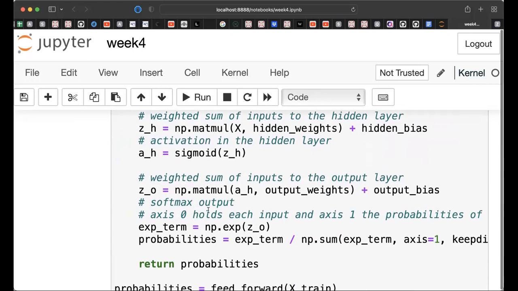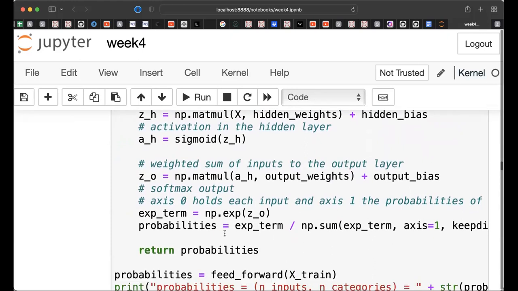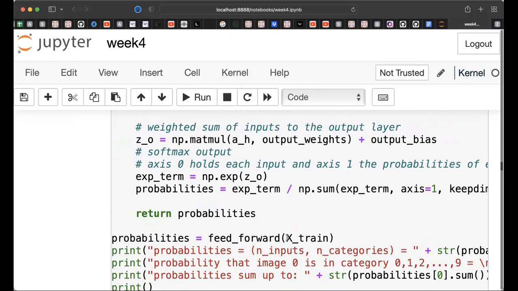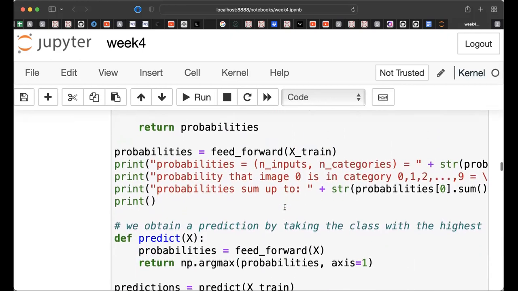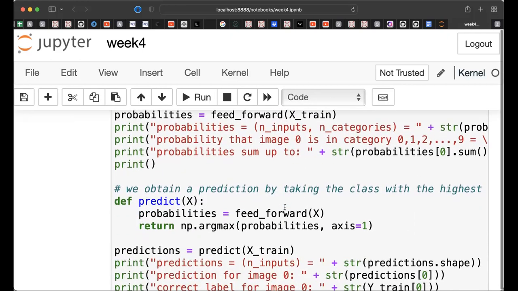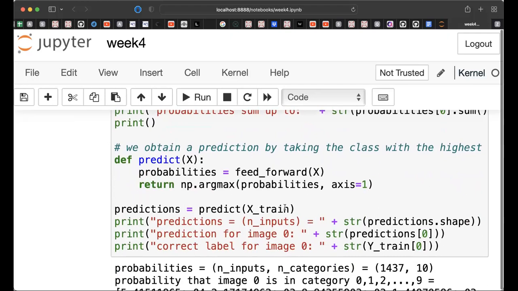And then we have the softmax output, which is just given by the sum of probabilities. So I get this input set output. I feed that into the exponential terms, and then I simply compute the softmax function here. And that is the probability which I return. And now if I print these probabilities, I can then make my prediction.